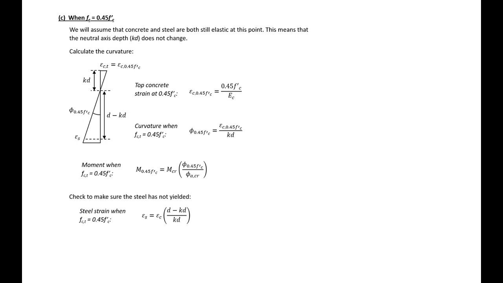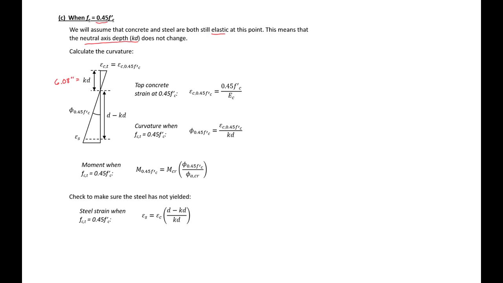Next, we're going to find the moment curvature point when our concrete stress at the top is equal to 0.45 times f'c. We're going to assume that we're still in the linear elastic range for both our concrete and steel. So this means that our neutral axis depth kd doesn't change. So we'll still have our same kd equal to 6.08 that we found on the previous slide.